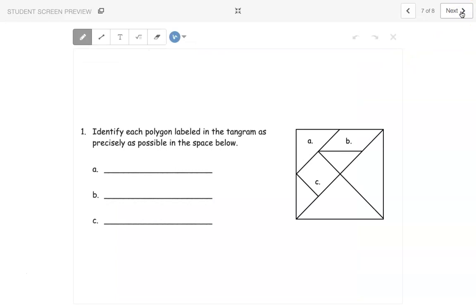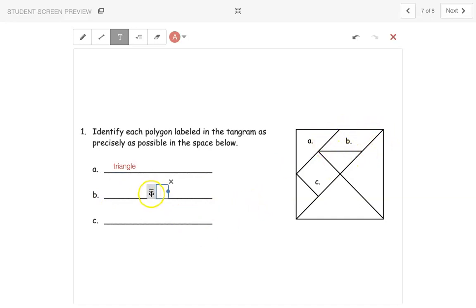All right, so let's identify each polygon labeled in the tangram as precisely as possible in the space below. So we know A is our triangle. Three-sided shape. B is our two sets of sides are parallel, so that's our parallelogram.